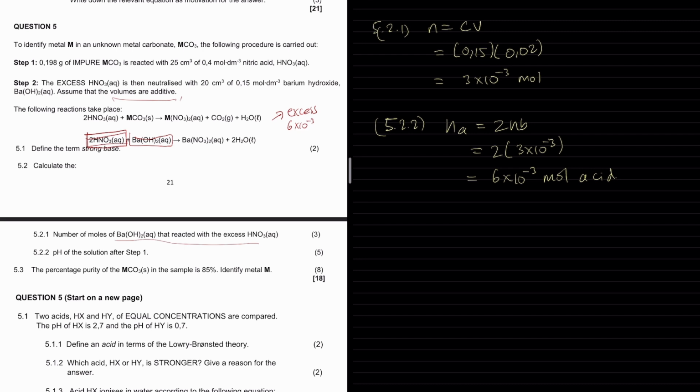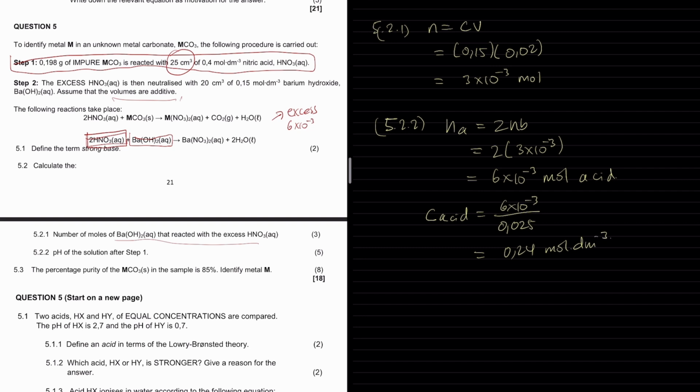So now that we know the number of moles in excess, we can calculate the concentration. So the concentration of the acid that's in excess is going to be 6 × 10⁻³ divided by the volume. So after step 1, the volume is only 25 cm³, so 0.025, and that's equal to 0.24 moles per dm³.